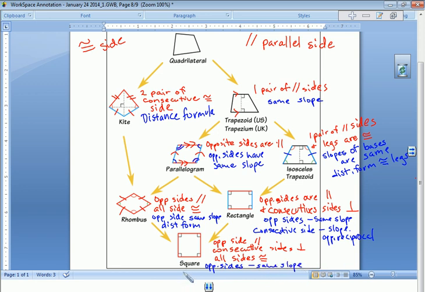Consecutive sides have slopes that are opposite reciprocals. And then we'll use the distance formula to show that all sides are congruent.